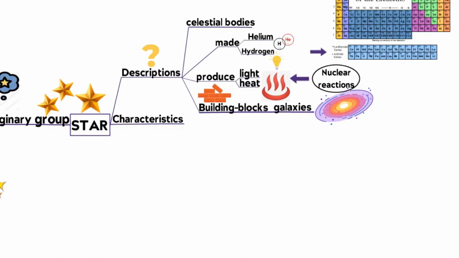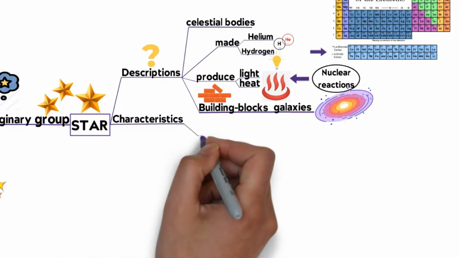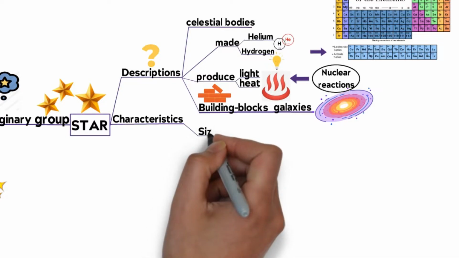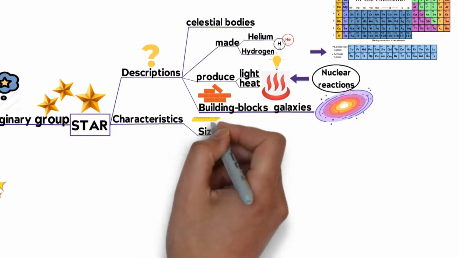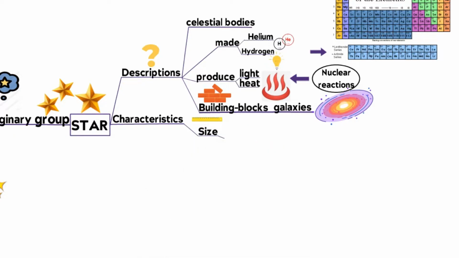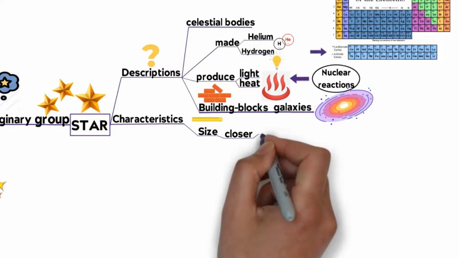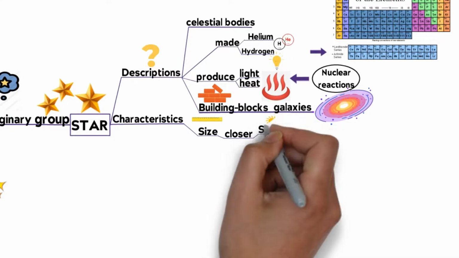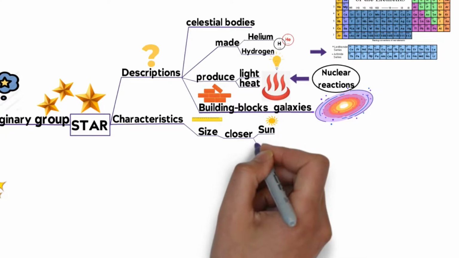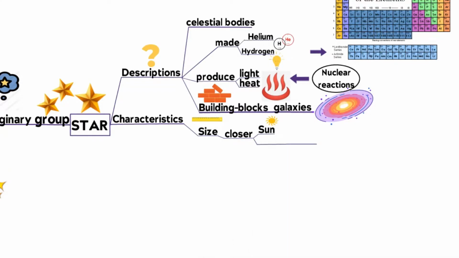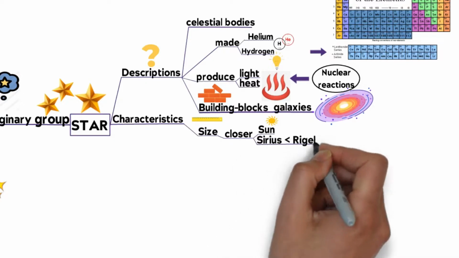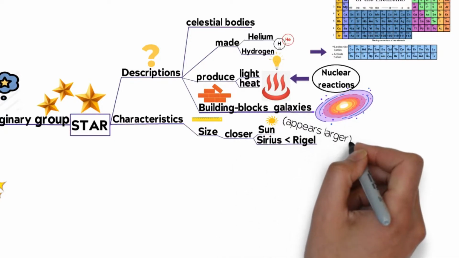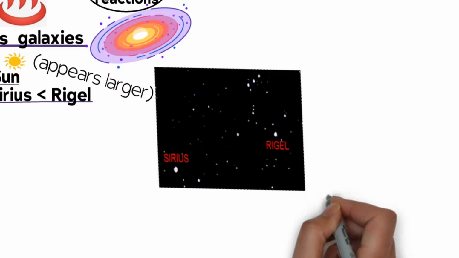Characteristics of stars. Number 1, size. Because some stars are much closer to the Earth, like the Sun, they appear larger compared to other stars.